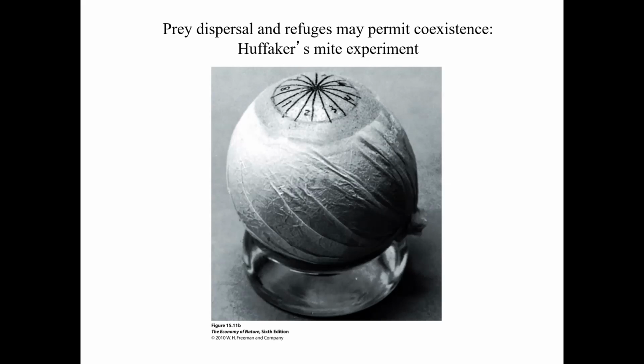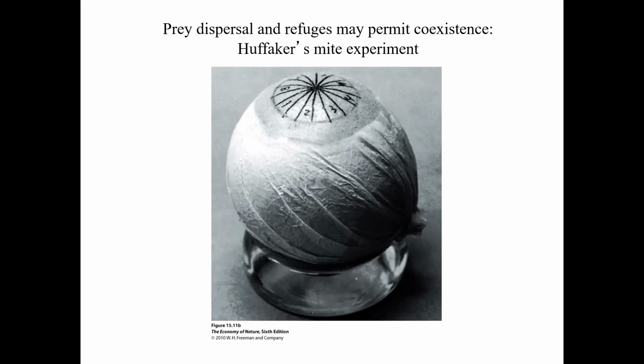Okay, well, that's a straightforward case that's equivalent to cactus and Cactoblastis. Predators cause the extinction of the population. But this man Huffaker at UC Berkeley realized that, well, we don't see that in nature. What we see is that, yes, mites go extinct on a particular orange, but they are present at all times on the tree, on other oranges.